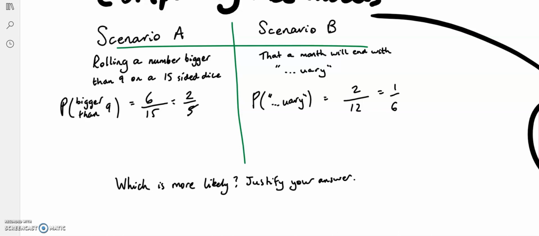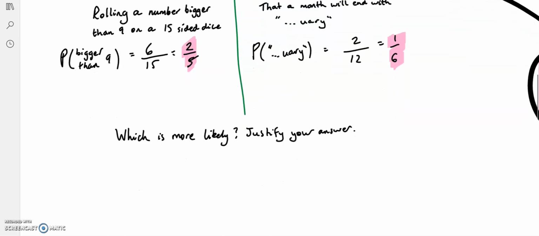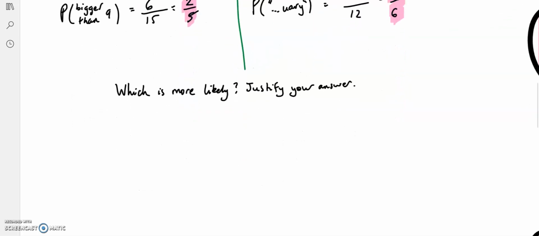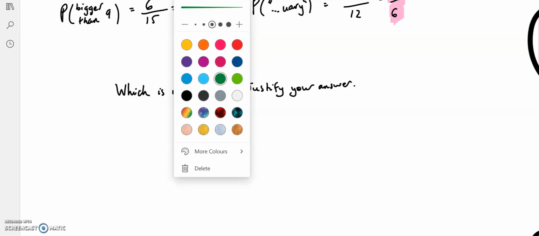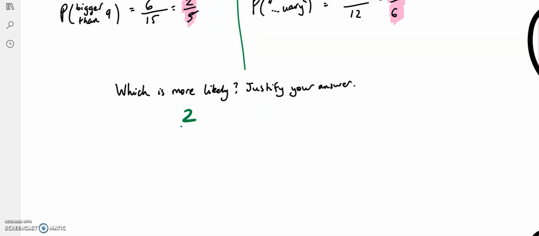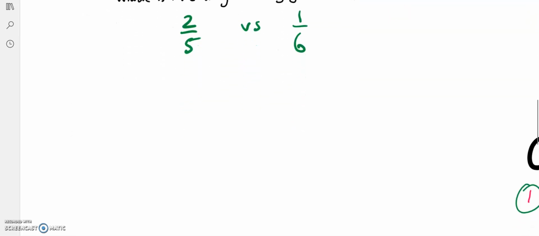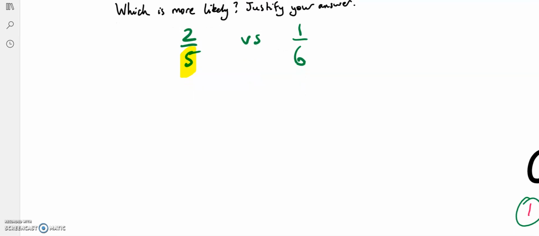If we have a look at these 2 answers, can we say definitively which one is more likely than the other? Essentially this boils down to this calculation: 2/5 versus 1/6. Whilst this might not be too terrible, the problem is it's hard to compare fractions that are named differently. Here our fractions are named as 5ths and 6ths.